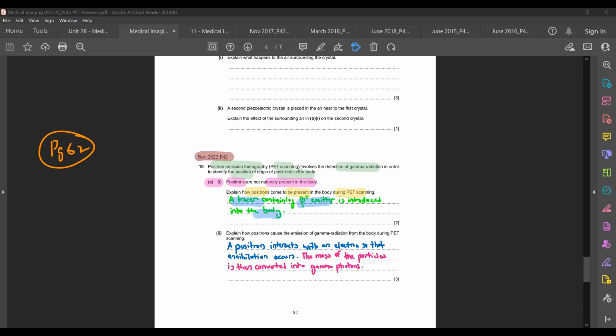All right. So in your case, a tracer containing beta plus emitter is introduced into the body. This one is worth 2 marks. Your first mark comes from you mentioning that you use a tracer. And then the second mark comes from you saying that it contains beta plus emitter. This is your other mark. Okay.